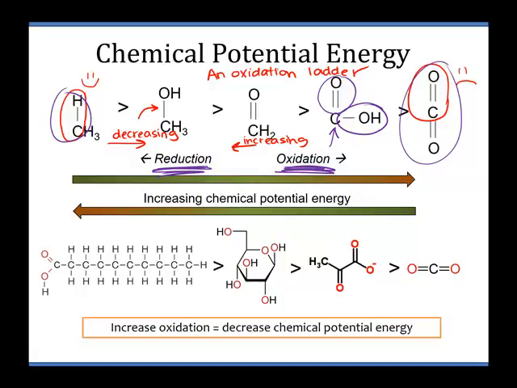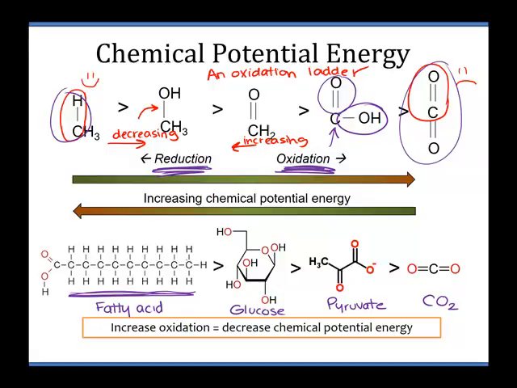To use an example of this, look at this molecule down here. Anybody recognize this? This is actually a fatty acid, specifically a saturated fatty acid. This molecule right here is glucose. This one you probably don't recognize, and I'd be pretty impressed if you did. This one's called pyruvate. We're going to learn what that is later this week. And of course, this one over here is carbon dioxide.